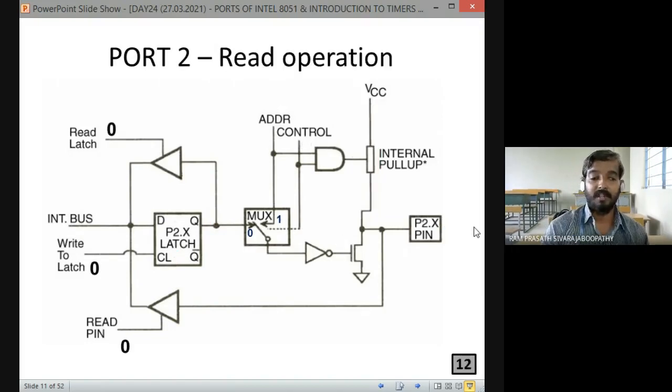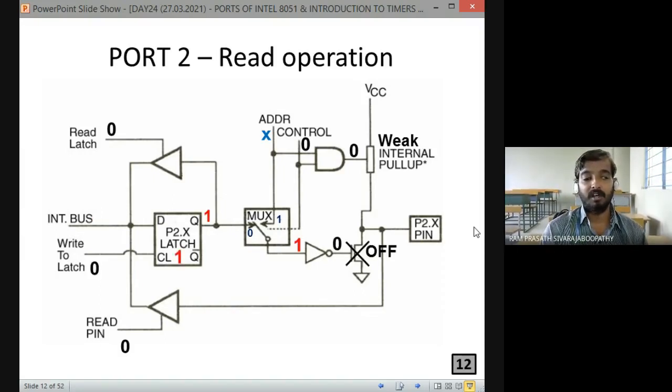Okay. Fine. Now the read operation. We will go with the read operation. So 0. Yes. So no need to worry about the address line. Again we will have a weak internal pull-up. Writing logic 1. Why are we writing logic 1? To configure a port pin as input, it must be written with logic 1.